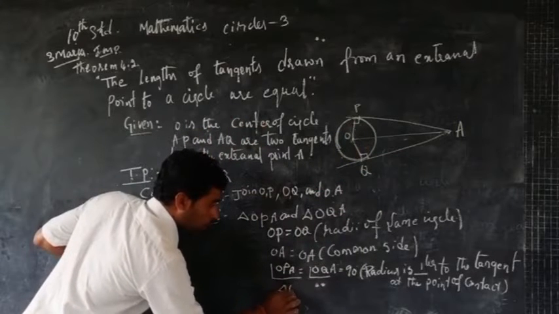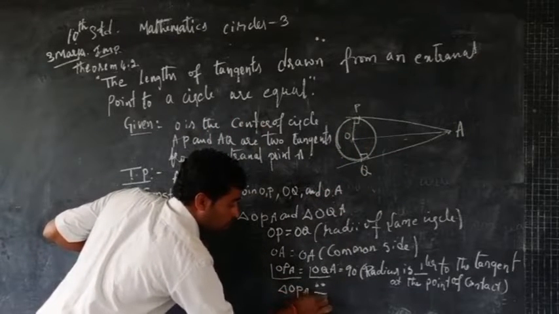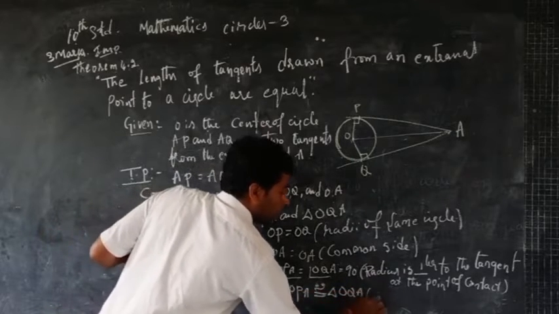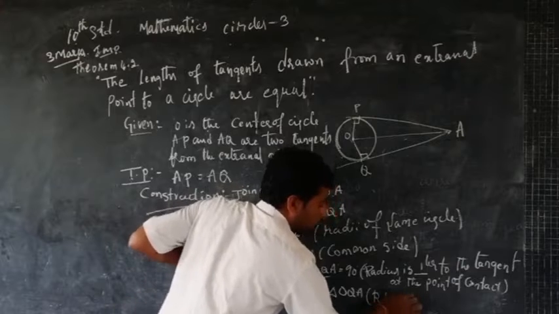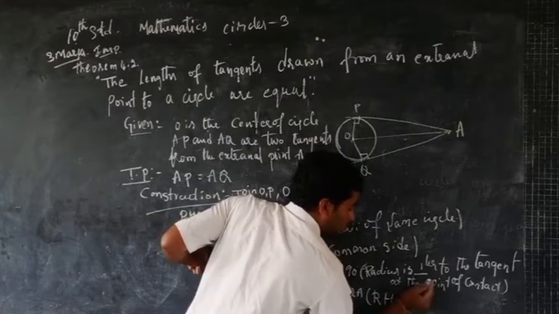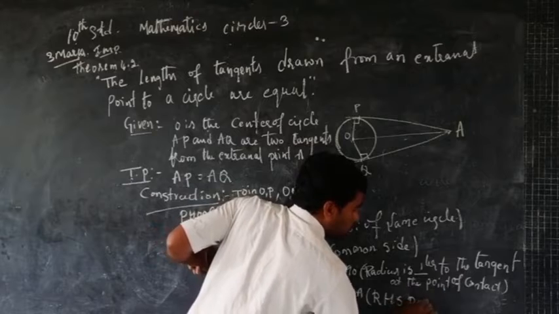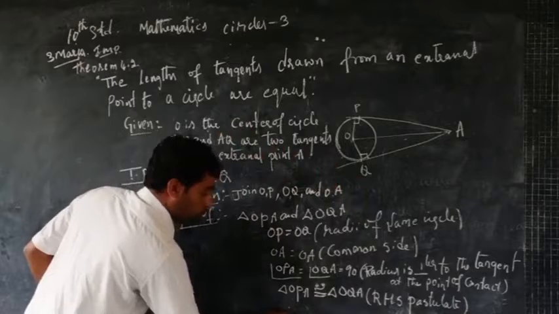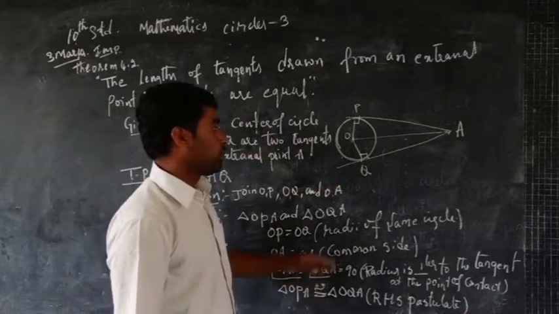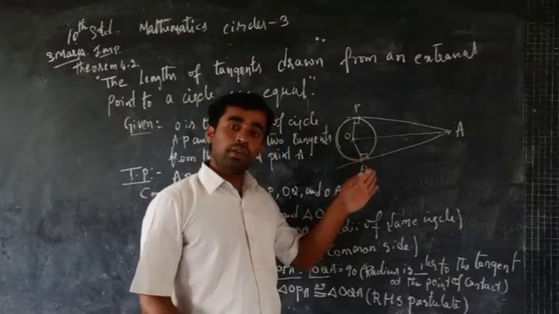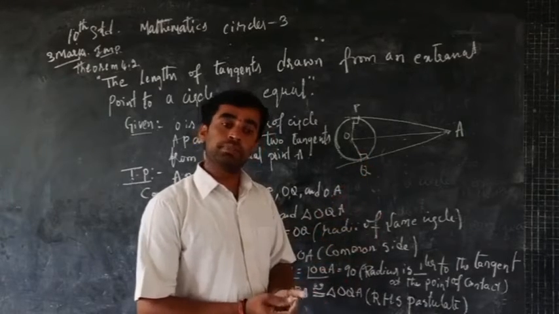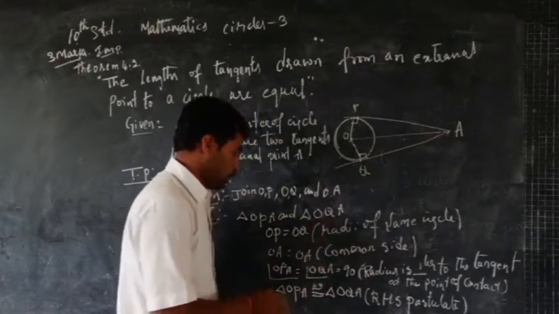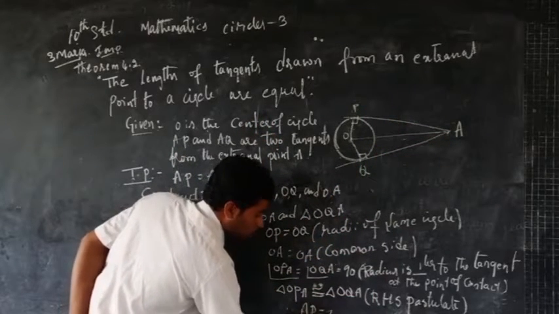Therefore, triangle OPA is congruent to triangle OQA using the RHS postulate. Therefore the corresponding parts of the 2 congruent triangles are equal. Therefore, the length of AP is equal to AQ.